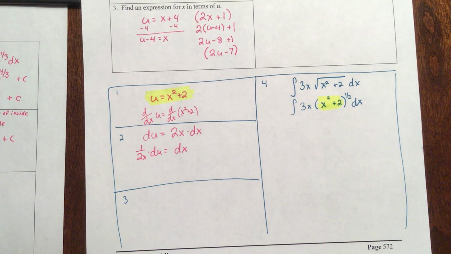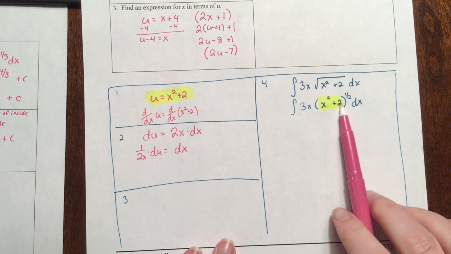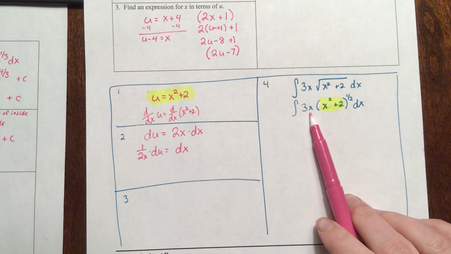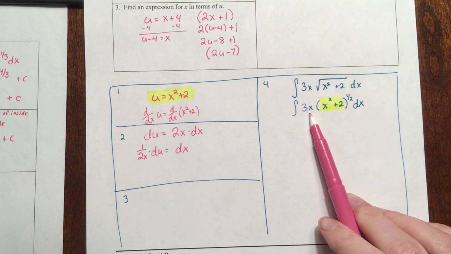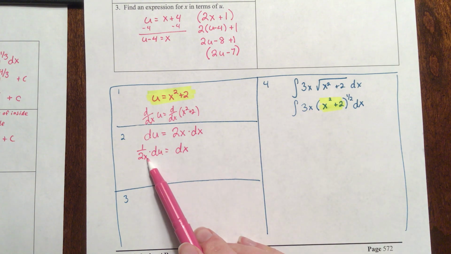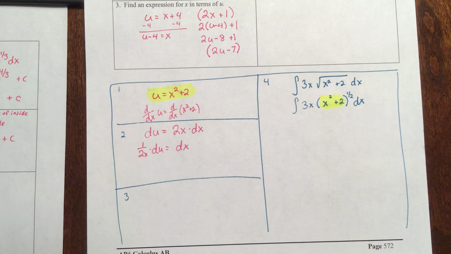All right, cool. So dx is by itself. So that's going to take care of this bit. So we still have a 3x that we need to get rid of, right? Wrong. Take a look. There's an x here. So I'm going to skip step 3 and we'll simplify out and see what happens.